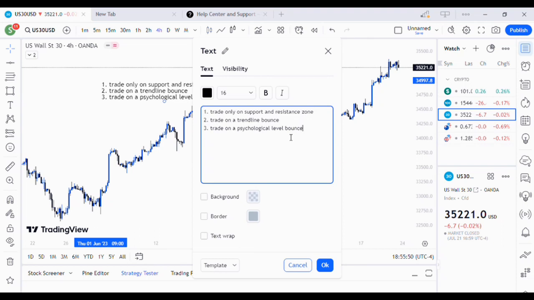So here we have our trading plan. The fourth one is trade only during the New York session.